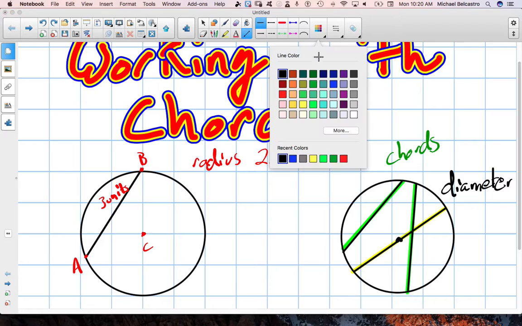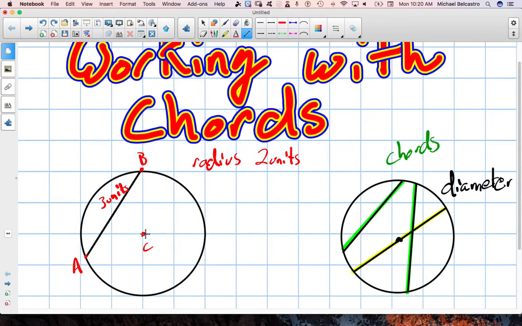And the radius, we'll do it in green here, is 2 units. My question is, what is the distance from C to line AB? How many units is that?